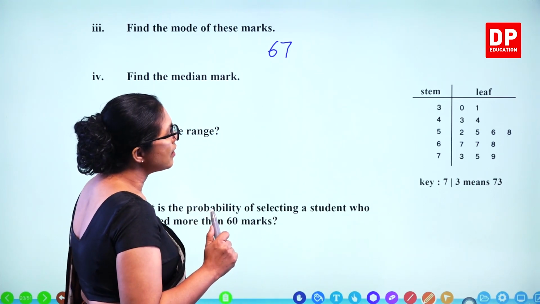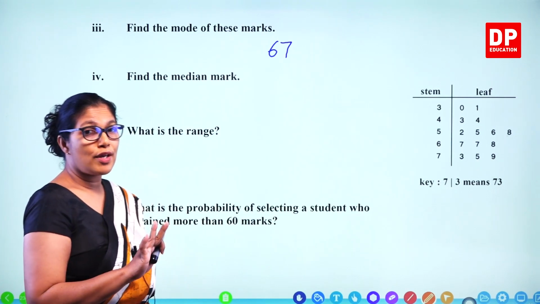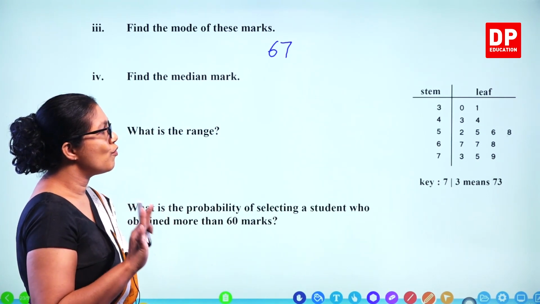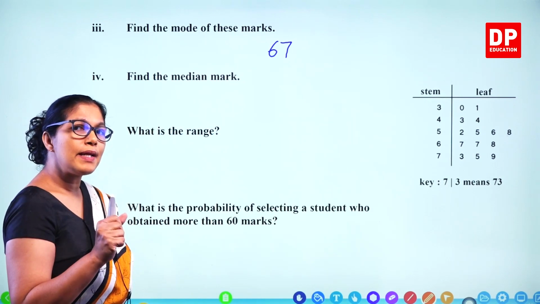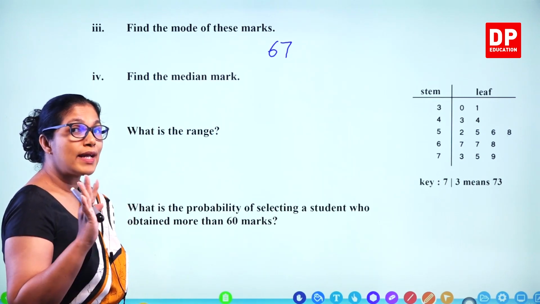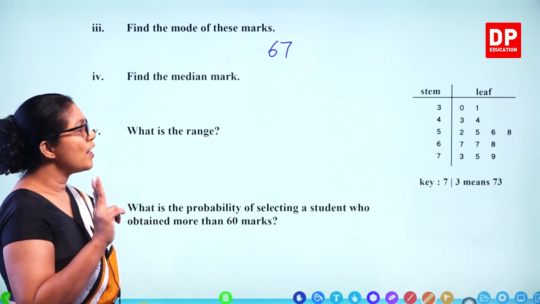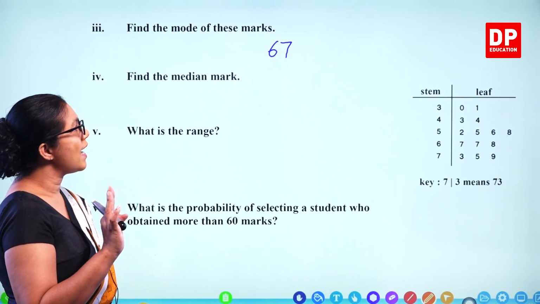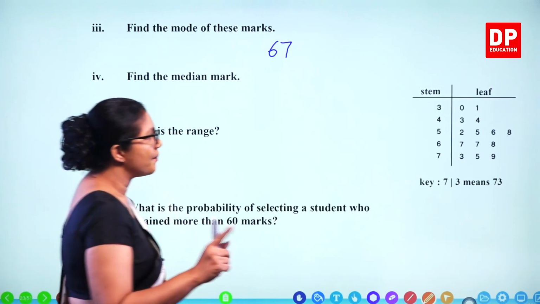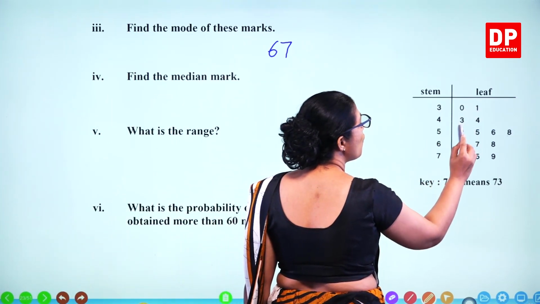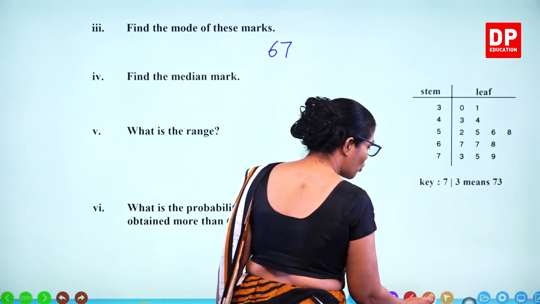Find the median mark. So we know altogether 14 numbers are there, 14 students. So what's the middle one? 14 divided by 2, you get 7. Even number of data points, that means you get 2 middle numbers. So that's the 7th one and 8th one. 1, 2, 3, 4, 5, 6, 7, 8. So these 2 numbers.